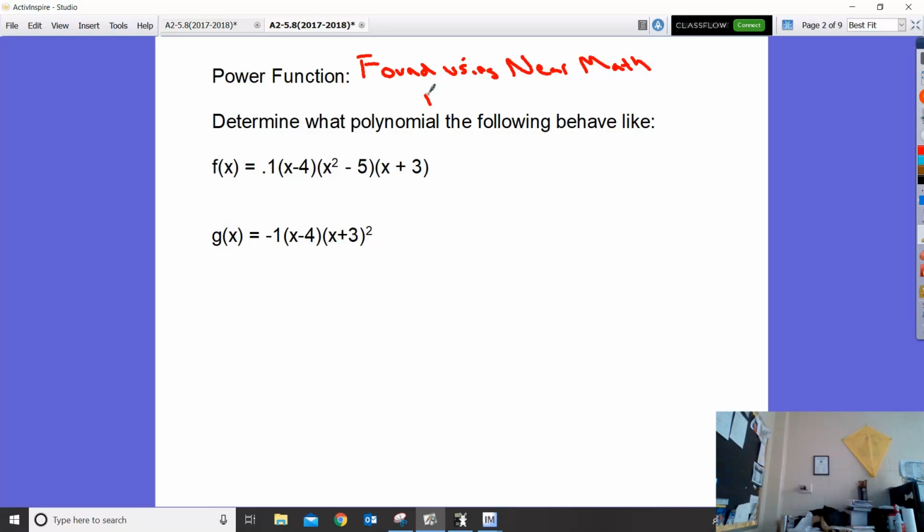What we're going to do is ignore constants in parentheses. We're going to talk about what the power function of this thing is.